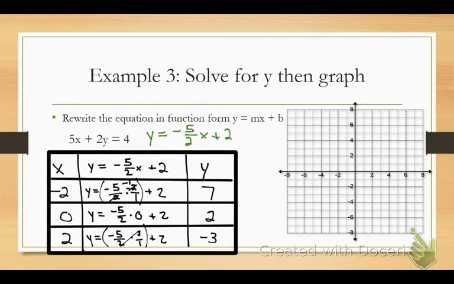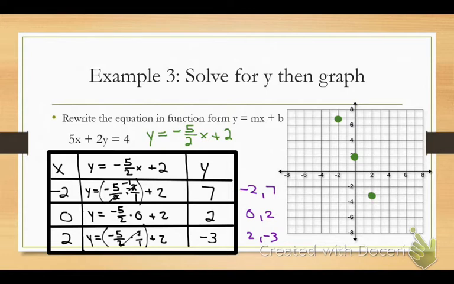Okay, so we just match up our ordered pairs, just like we've done before. So now we have negative 2, 7, 0, 2, and 2, negative 3. And we're just going to plot our points. All right, so negative 2, up 7. All right, you should be graphing this on your graph paper. 0, up 2, and 2, down 3.